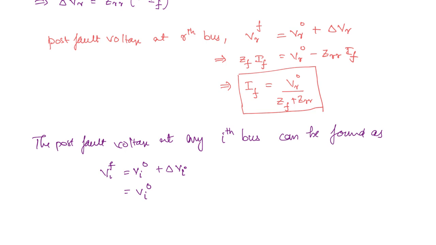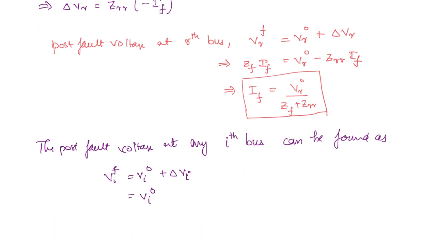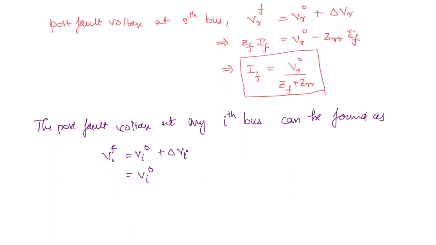Delta VI you can find from this equation. For any delta VI, you are going to get ZIR into minus IF. You can verify that later.